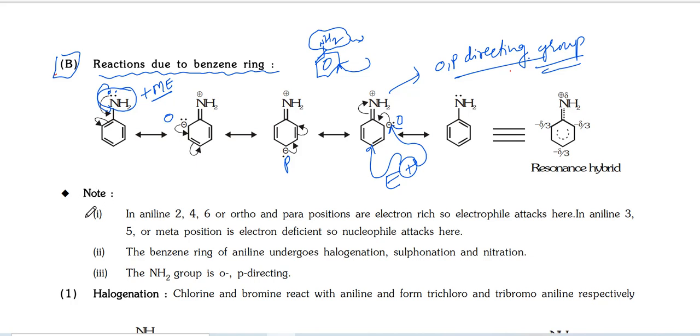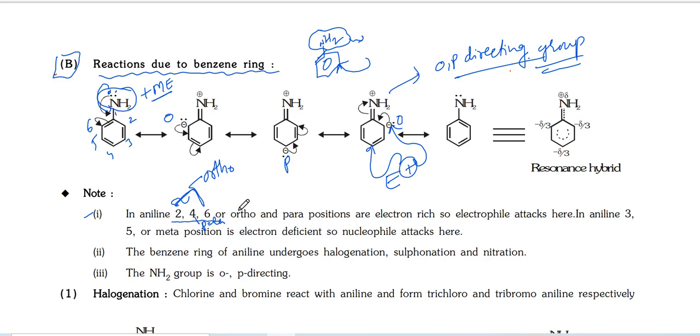Note point here: in aniline, see the numbering, I am giving 1, 2, 3, 4, 5, 6. The 2 and 6 are ortho positions. This fourth one is the para position.